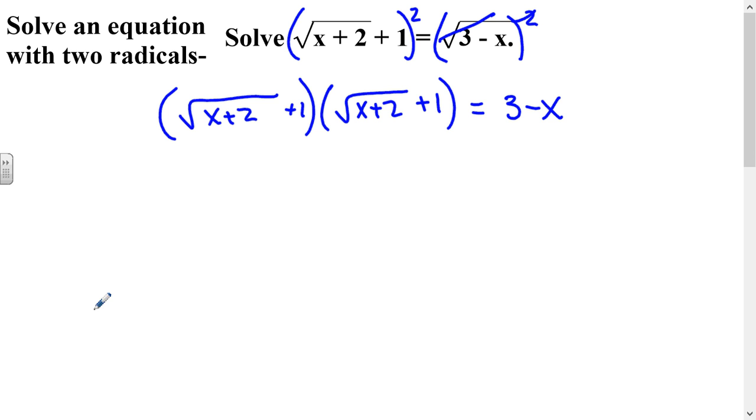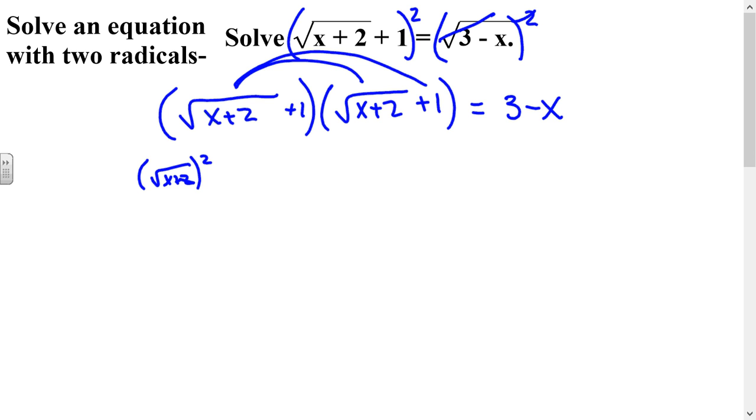Okay, now for this next part, it's just similar to the last problem. We're going to double distribute. So I'm taking this part, the square root of x plus 2, times itself. So that would be the square root of x plus 2, squared.